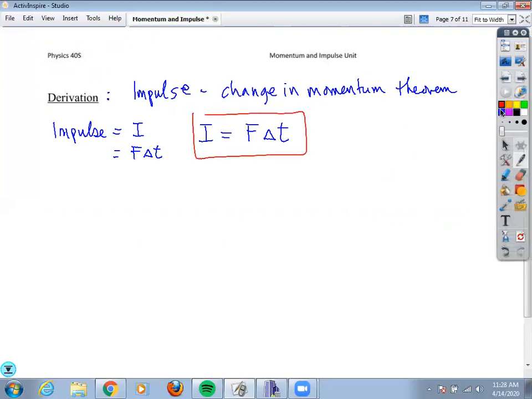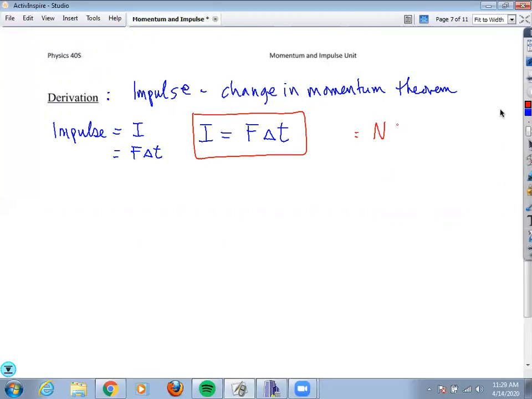Impulse is equal to the product of force and time. Units, force is newtons, time is seconds. So newton seconds would be the units of impulse. So the SI unit of impulse is a newton second.